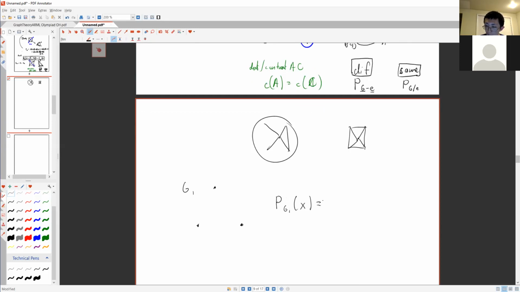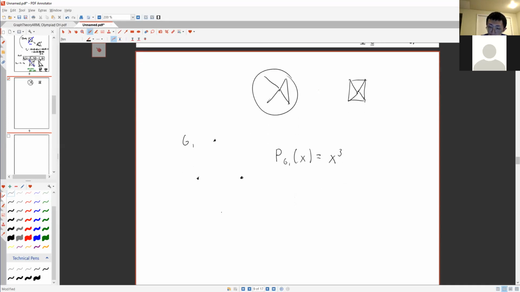Well, there are no edges, so there's no restrictions. So yeah, Cayenne says x cubed. Yeah, that's right. So we just have x choices for each vertex.